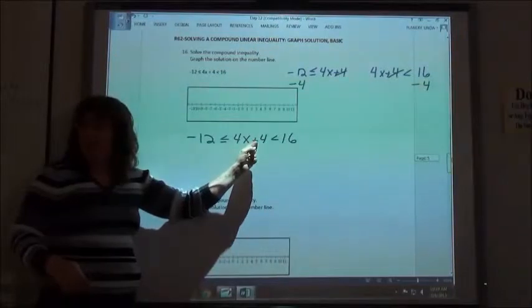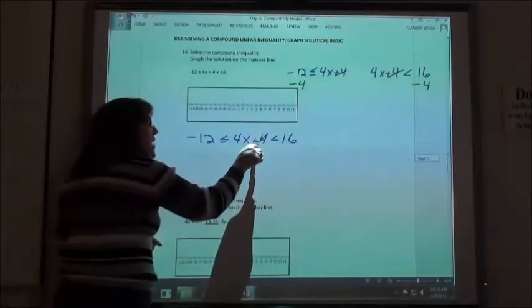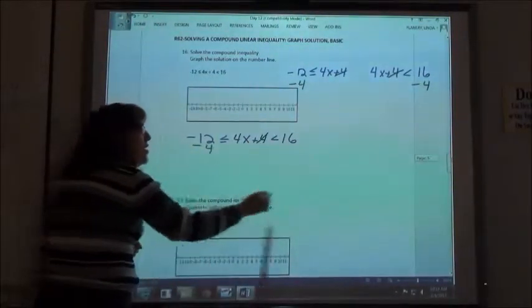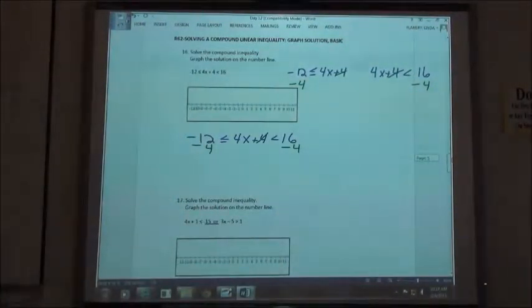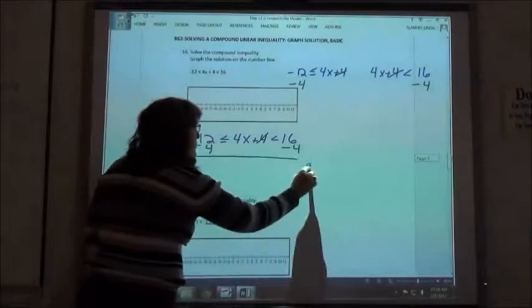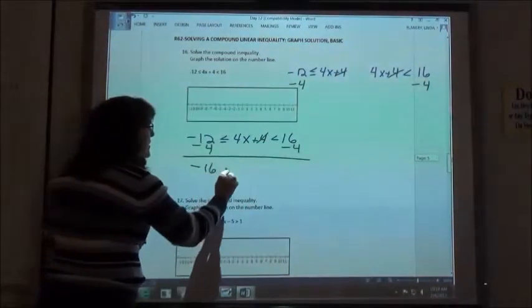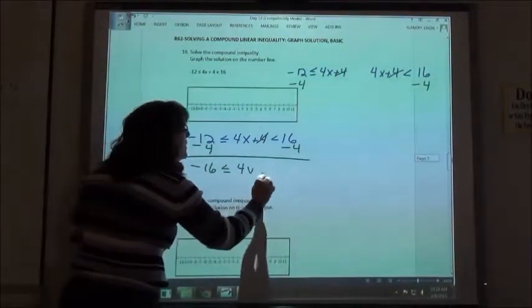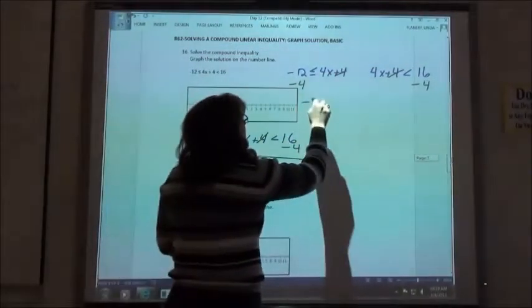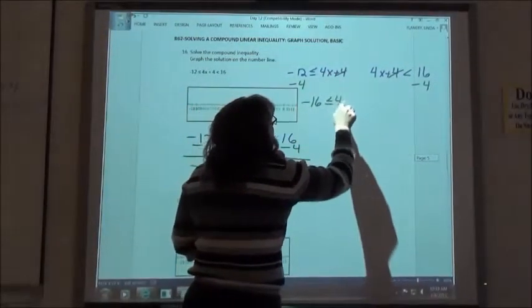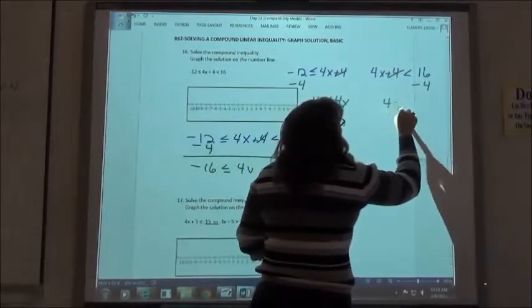I want to get the x by itself, so I'm going to minus the 4 here and minus the 4 over here. Negative 16 is less than or equal to 4x, which is less than 12. That's the same thing I got if I did them both separately.